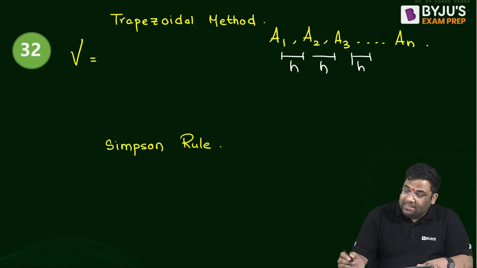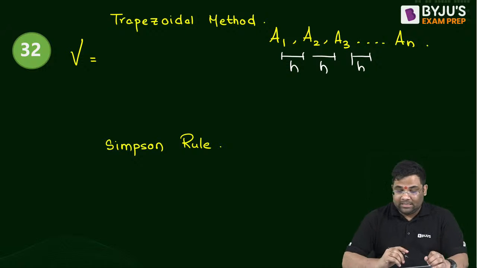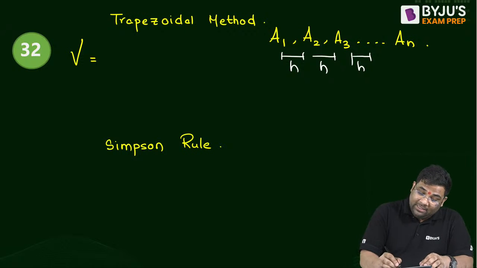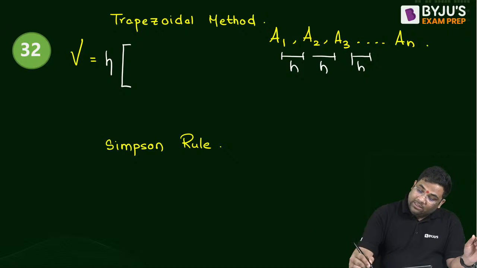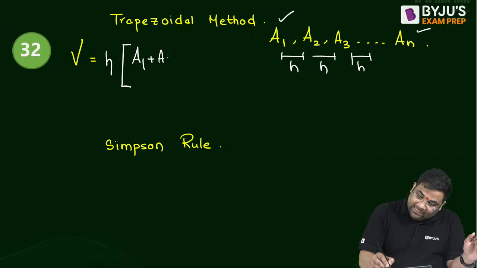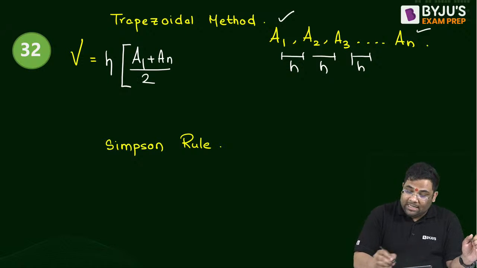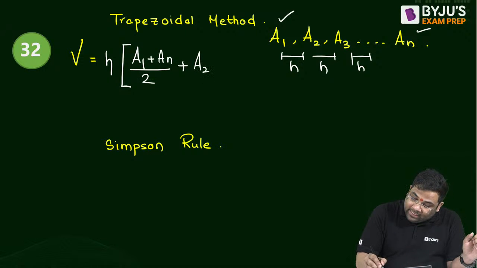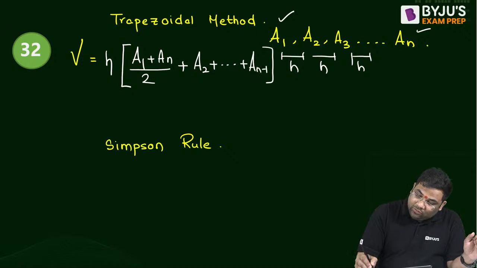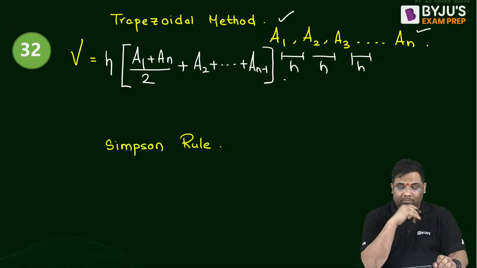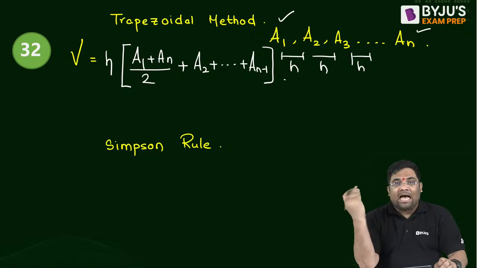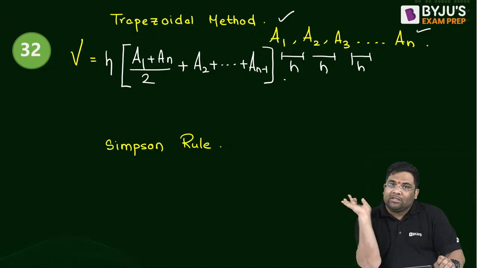Then in the trapezoidal method, the volume will be simply H into the first area and the last area divided by 2, and then add all the other areas, A2, A3 till AN minus 1. Understood how to use the trapezoidal method? H, first plus last divided by 2, add the rest of the following.